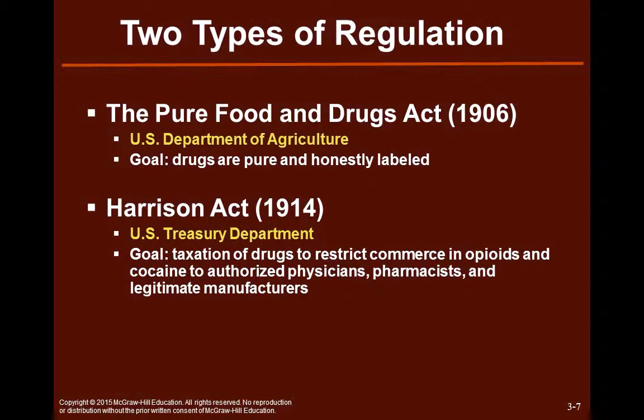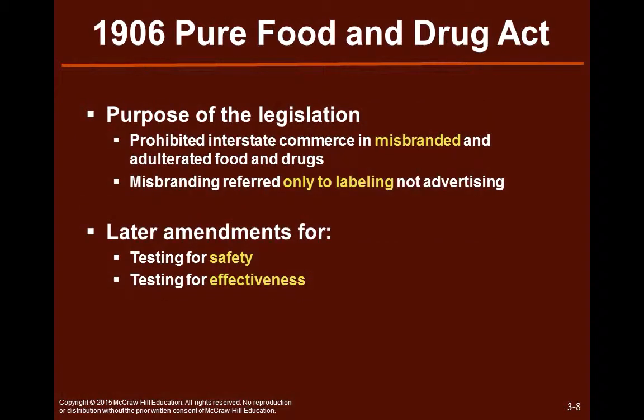So their goal there is to tax those drugs and to restrict commerce in opioids and cocaine to folks who were authorized, and then also taxed for their participation in that industry. So that's the Harrison Act, our first federal effort. And note again, it does not make the drug use illegal, it just starts to tax the behavior.